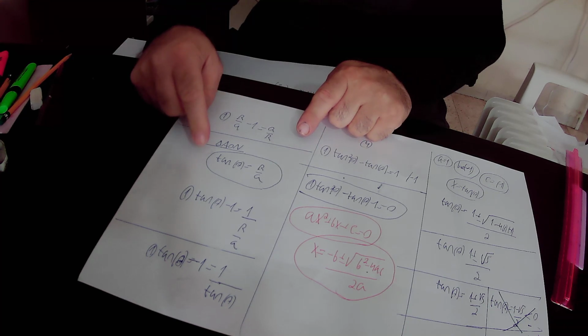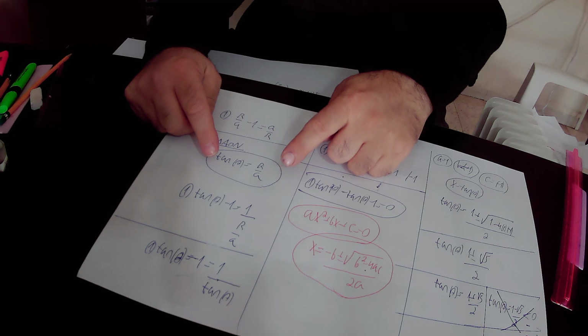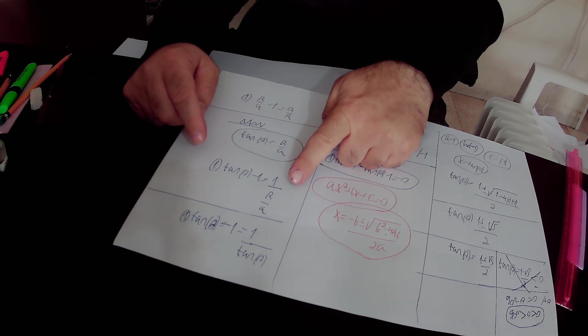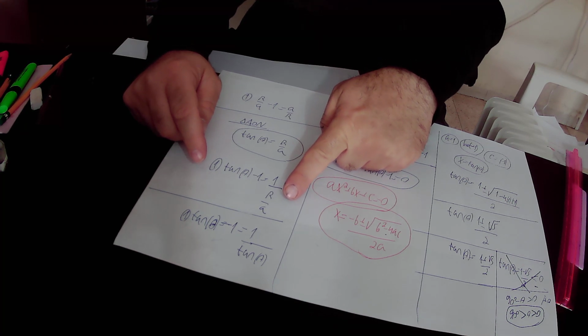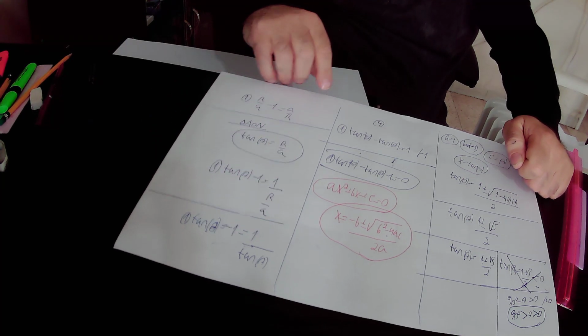We did it and we got tangent theta minus 1 equals A over R, and A over R is 1 over R over A. So we can substitute R over A by tangent theta. We did it and we got tangent theta minus 1 equals 1 over tangent theta.